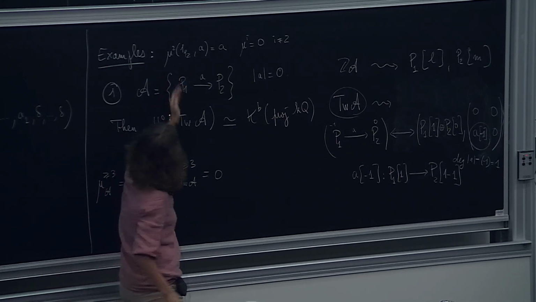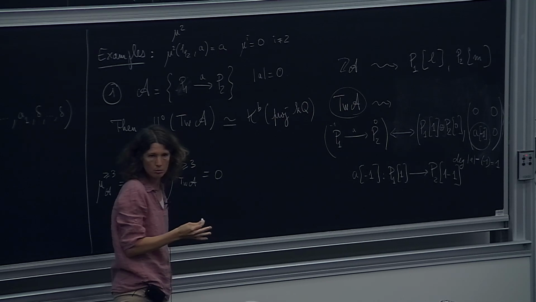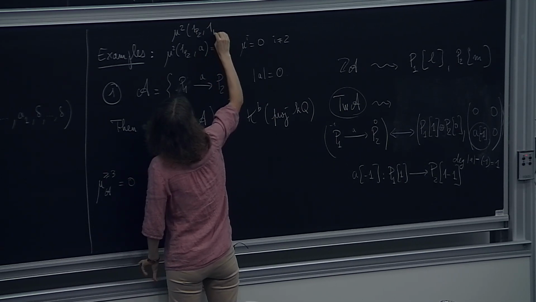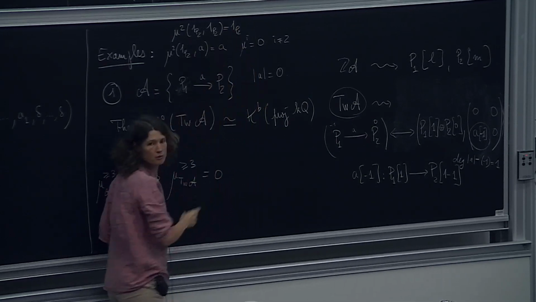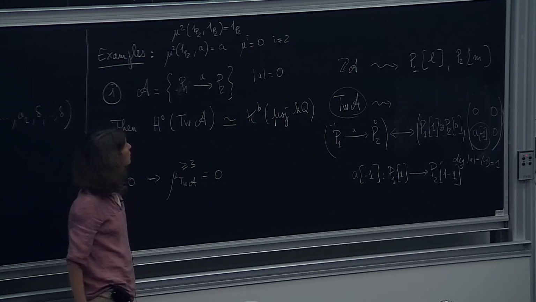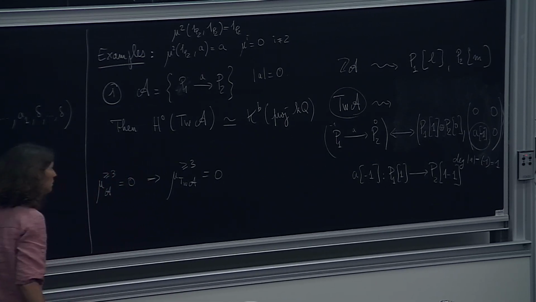And mu2 is never 0 because I have some unities. So also this one is of course always equal to mu2 of 1, 1 is always 1. So mu2 is never 0.